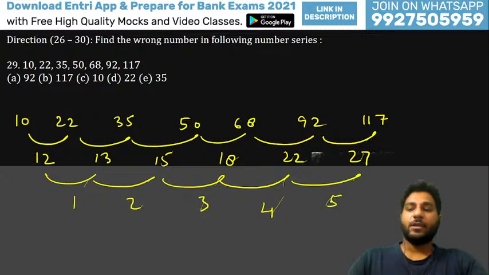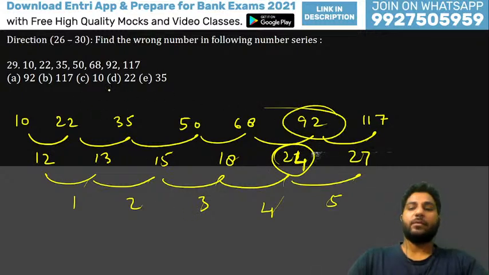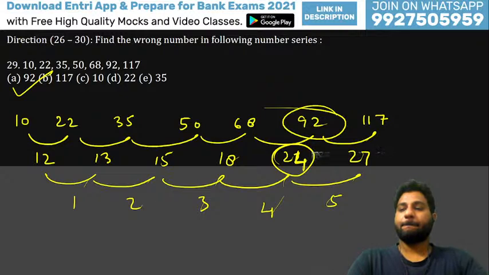All right, so tell me the 92. So 24, it will come 24. All right, so your option 92, that means A option is the correct one. That means the wrong number placed was 92. Got it?